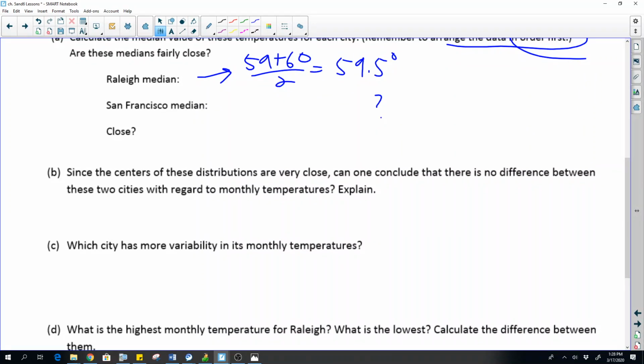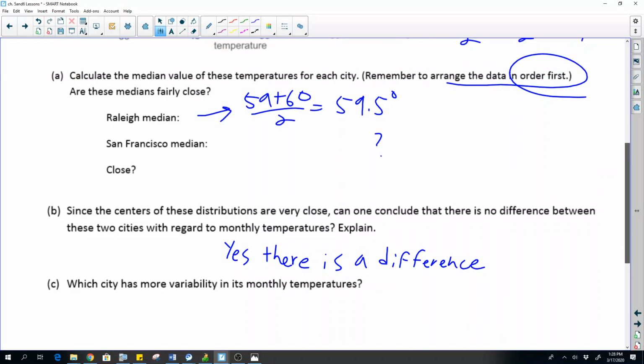Okay, so this part B is asking, is there no difference between the two? Of course there is. Yes, there's a difference. And what do you think the difference is? Well, maybe the centers are pretty close, but guess what isn't close? We could compare their maximums and minimums.